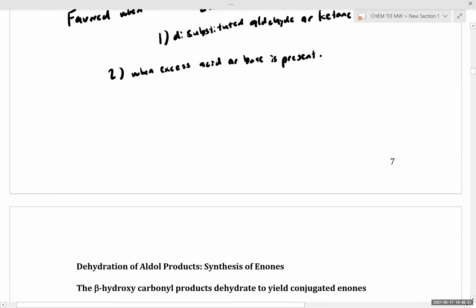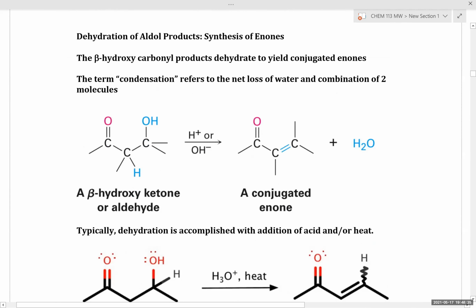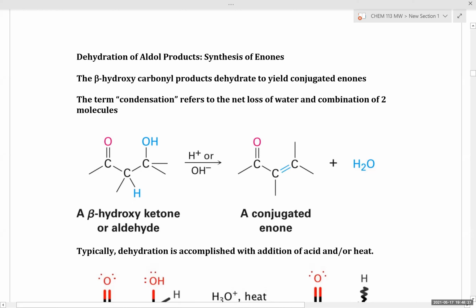Okay, so let's talk about how we can dehydrate these aldol products to drive the equilibrium towards the desired enone and the desired aldol condensation product. So beta hydroxycarbonyl products from your aldol reaction can be dehydrated to yield conjugated enones.